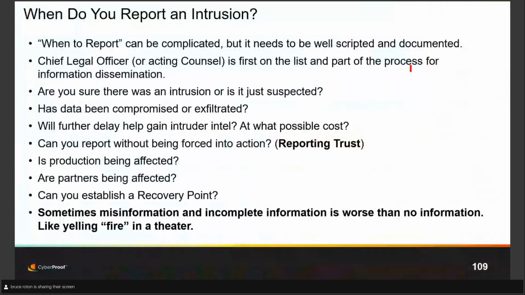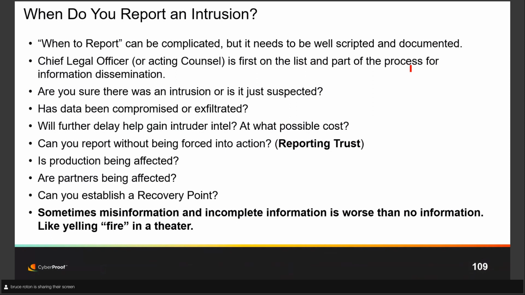First, when do you report an intrusion? Well, that can be complicated, but one thing's for sure, it needs to be well scripted and documented how you're going to do that. The chief legal officer is probably one of the first people on the list as part of that process. For information dissemination, they are going to need to know what's our liability and who else do I notify?